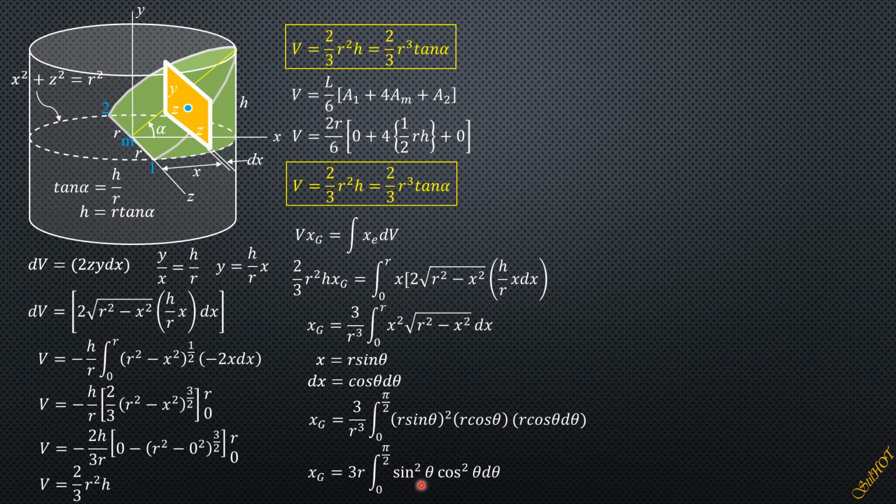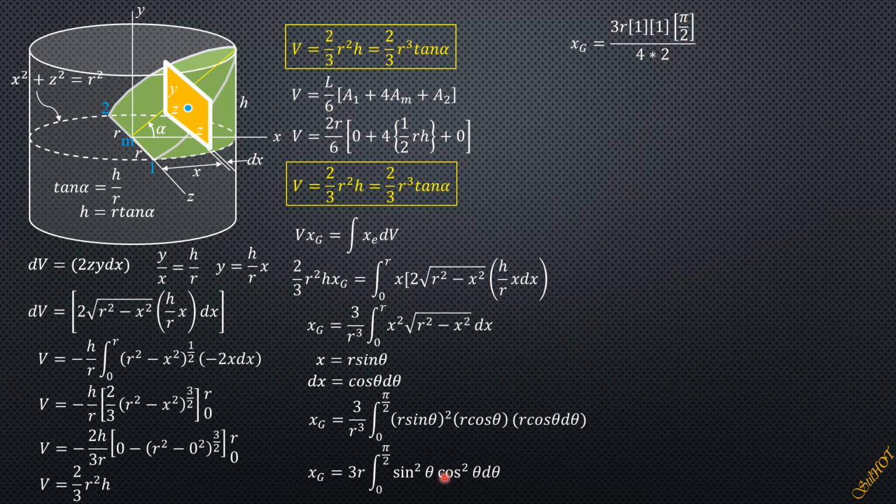Therefore, the integral here is 1 times 1 times pi over 2, over 4 times 2. So in other words, the integral here is equal to pi over 16.